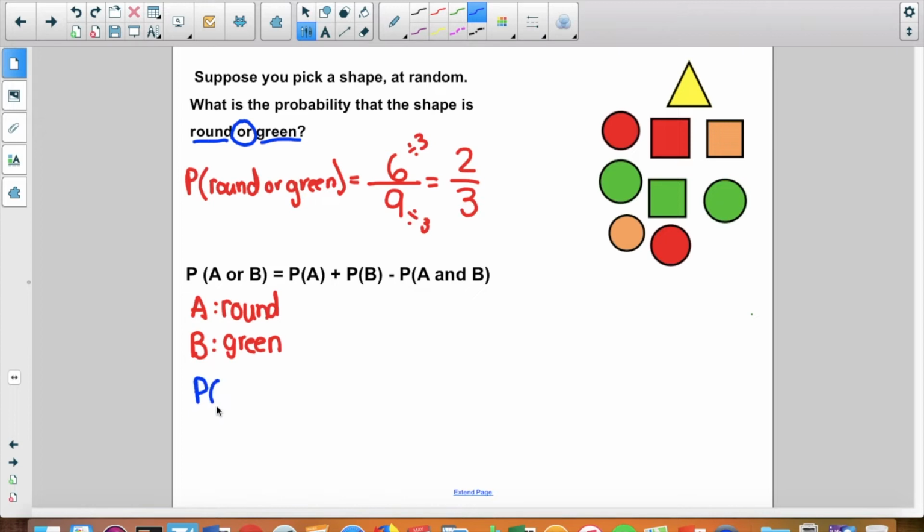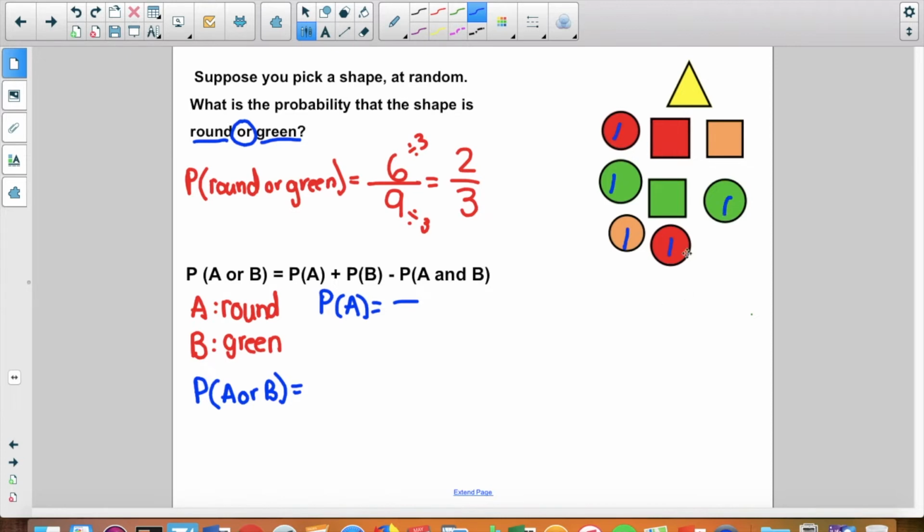So the probability of A or B is equal to the probability of A. Now the probability of A is the probability that we have a round shape. Now looking at all of our shapes here, this one's round, this one's round, this one, and this one are round.